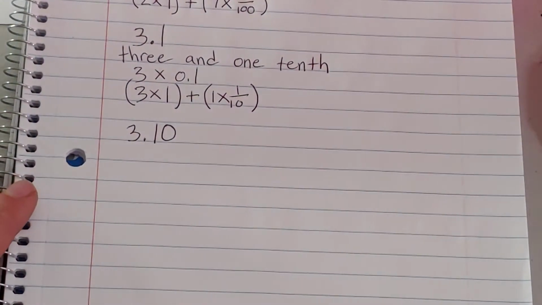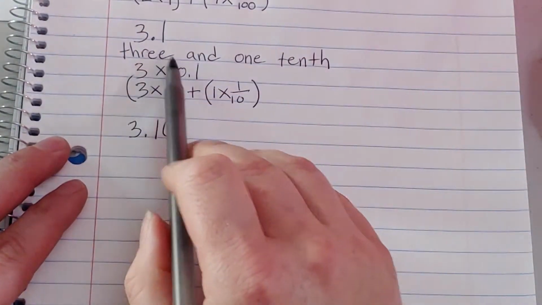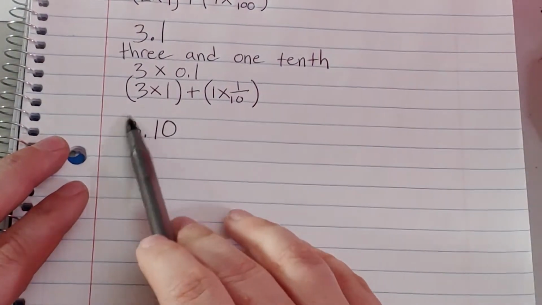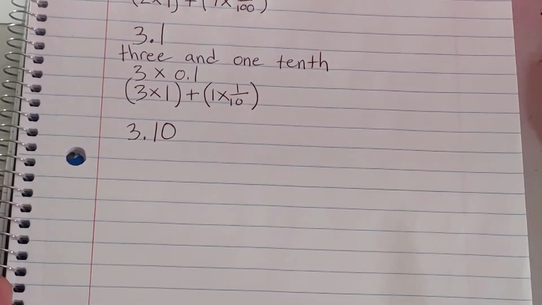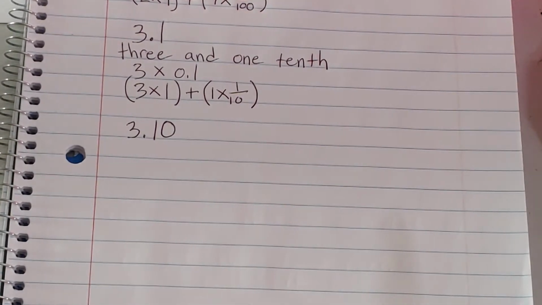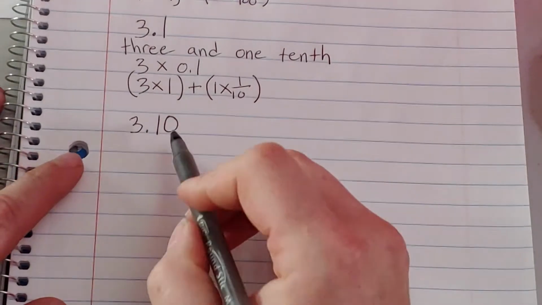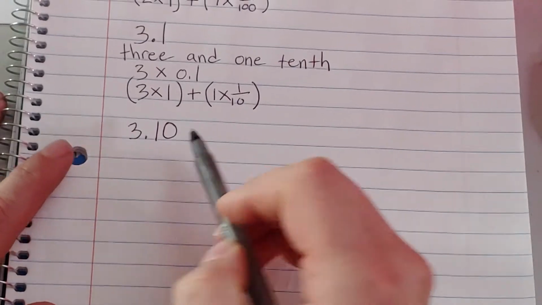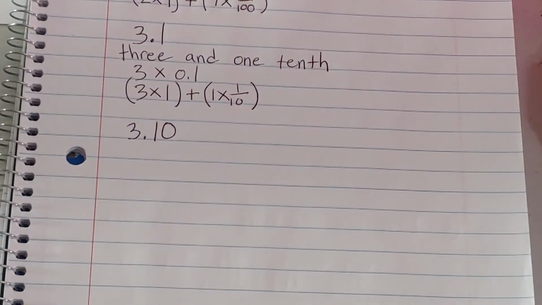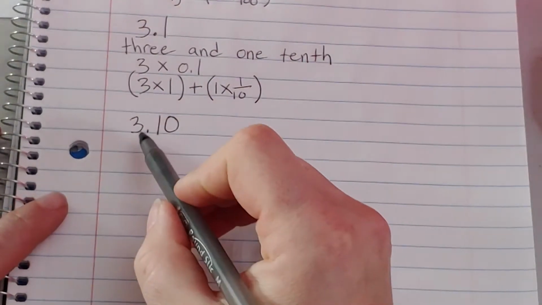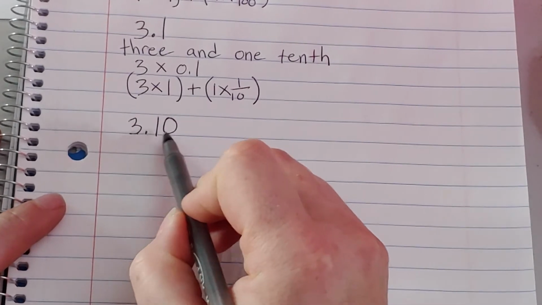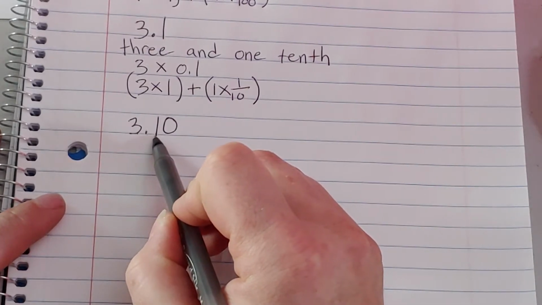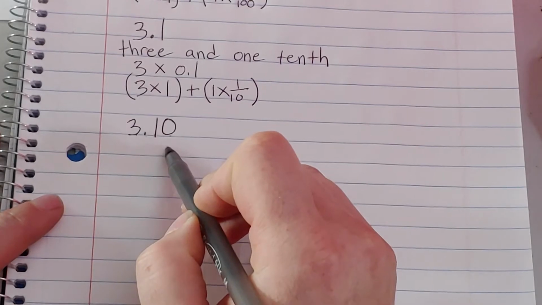Do you think that 3 and 1 tenth is going to be any different than this number here? Do you think the numbers have changed? The amount of money has not changed, but the way you say this number has. So this says 3 and 10 hundredths.